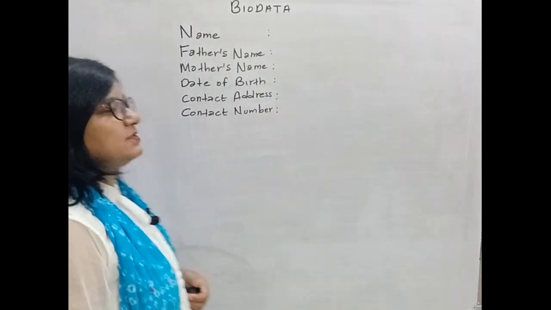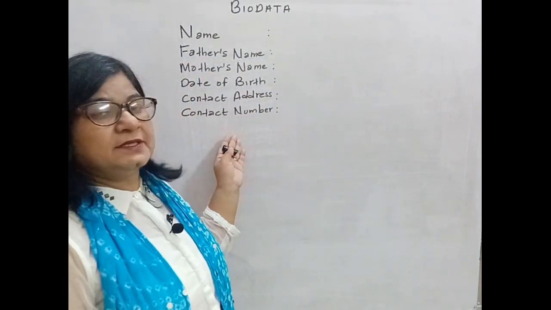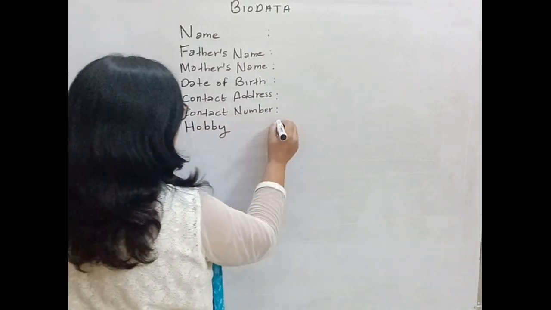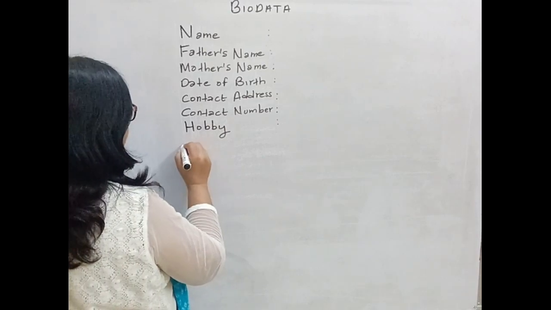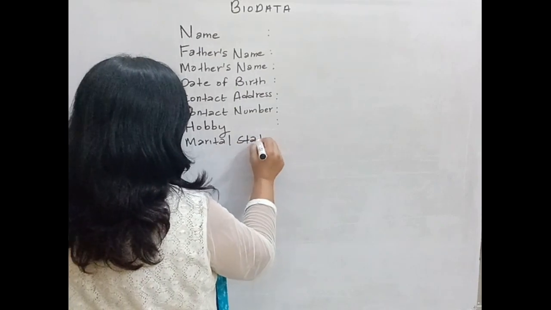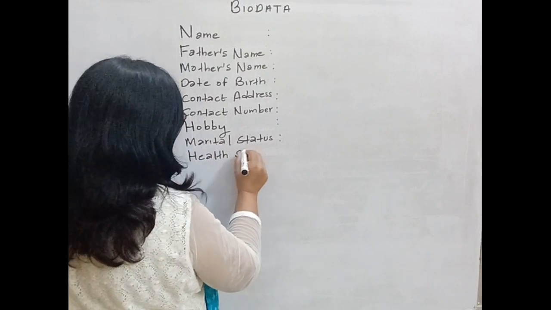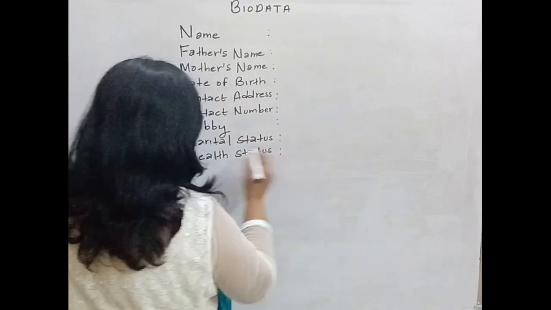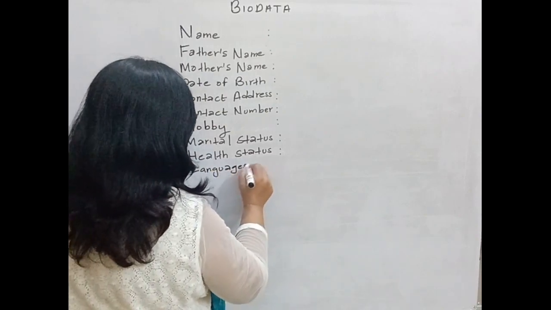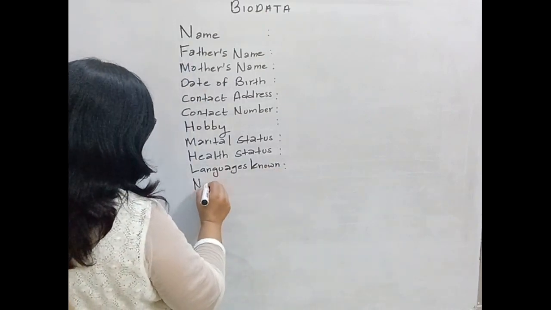Students, if you want to write your email ID, you can write your email ID also after this. Hobby, marital status, health status, languages known, nationality.